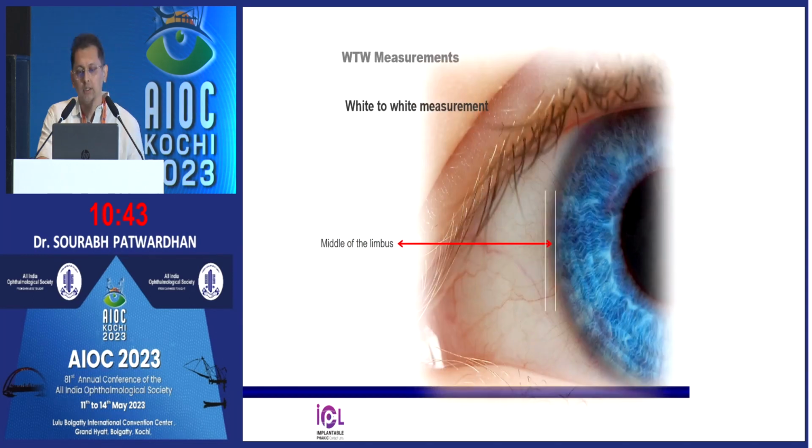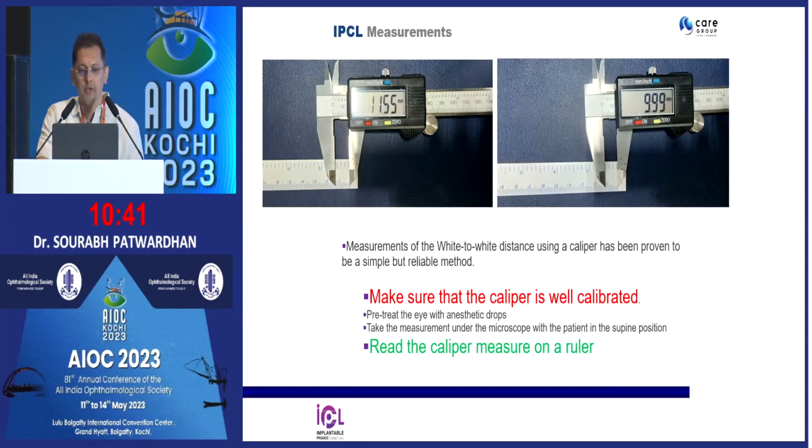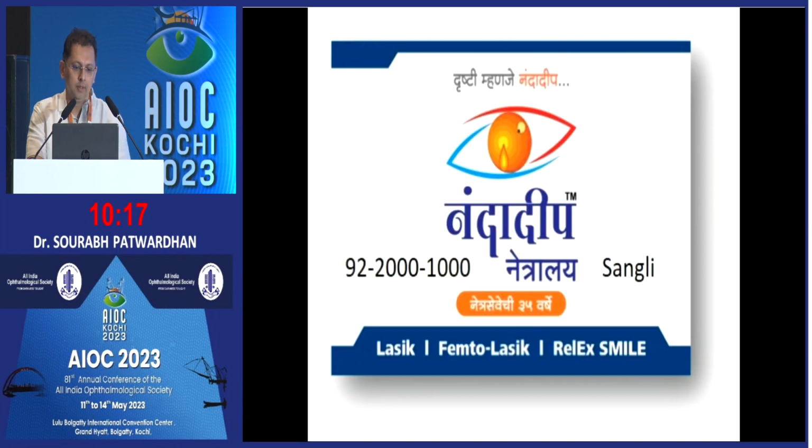Apart from using digital calipers, what I do is, after using the digital calipers, I put the measurement on a scale and check whether it correlates, because sometimes the calibration of digital calipers may go wrong. When we get them, the calibration is right, but over a period there might be mechanical issues and we may have miscalibration. So this is the best way to check the calibration ourselves.